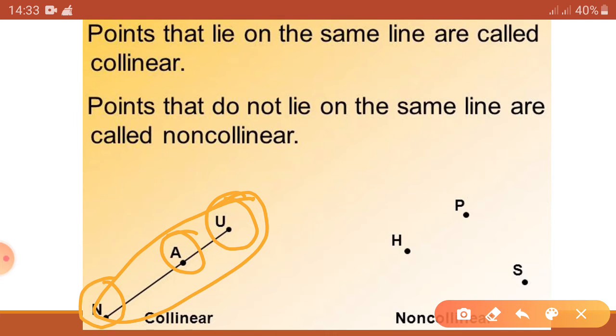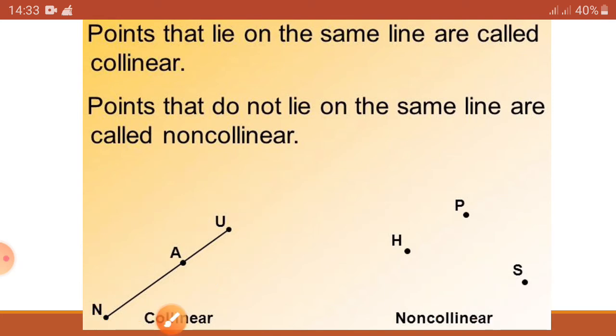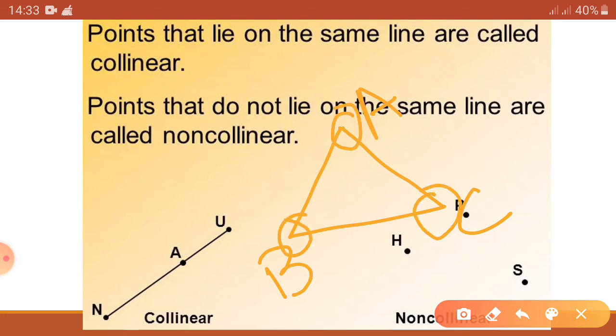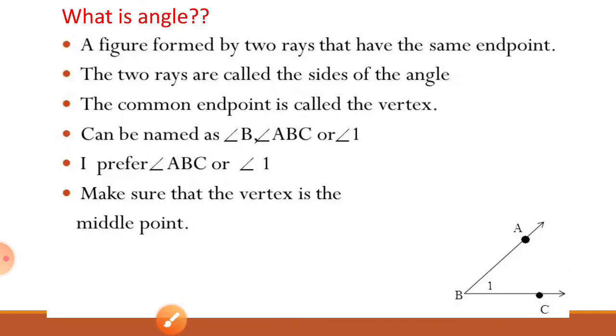But the points that do not lie on the same line are called non-collinear points. Got it? If you take a triangle with vertices A, B and C, then all these points A, B and C are known as non-collinear points. Go to the next slide.